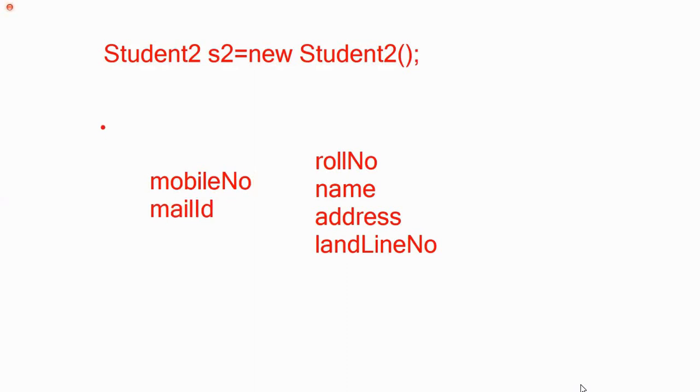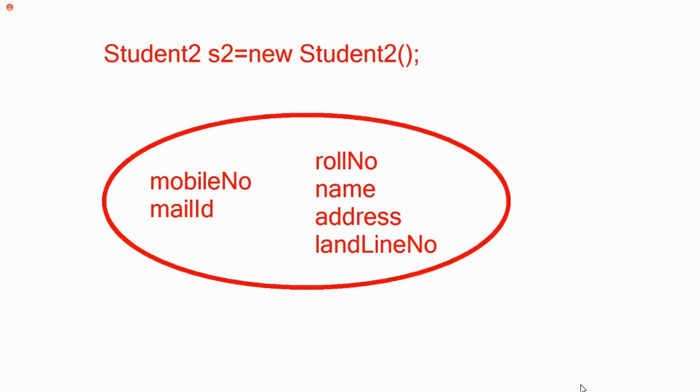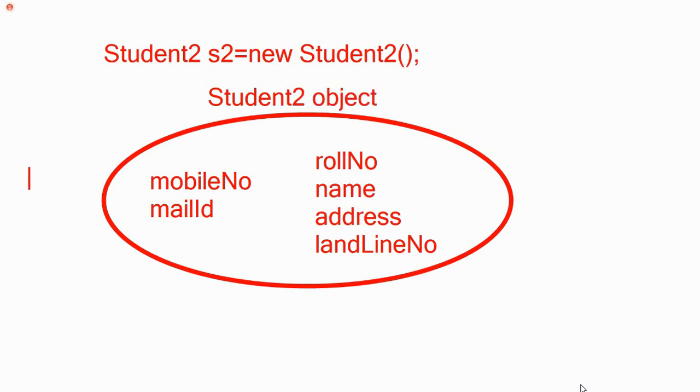Like this it is allocated. This object is referred by S2. Student 2 object is referred by S2. Here S2 contains the hash code.